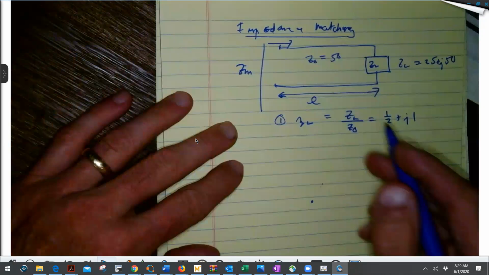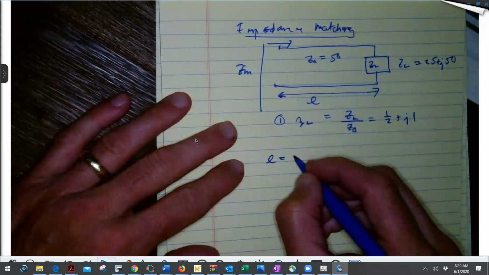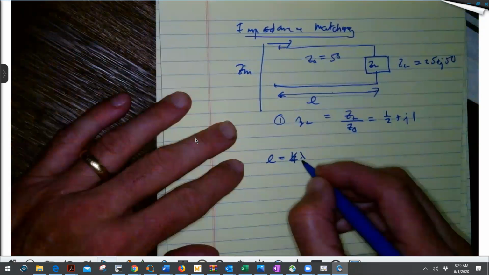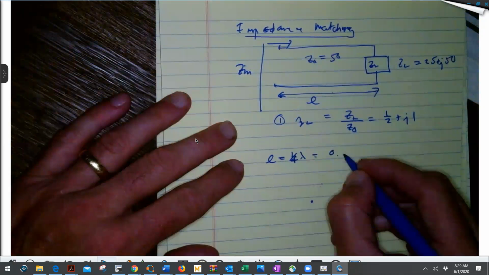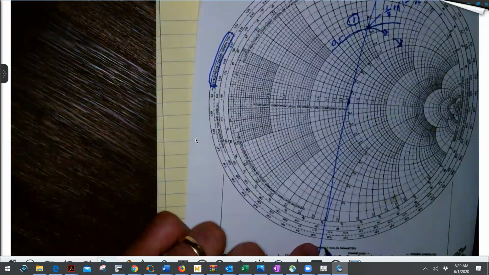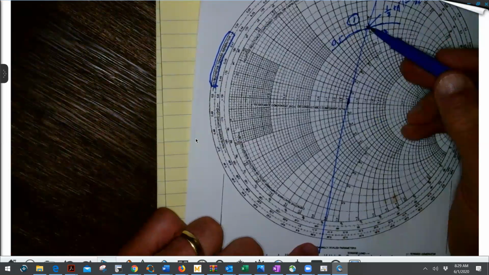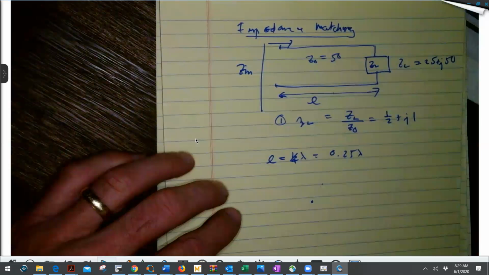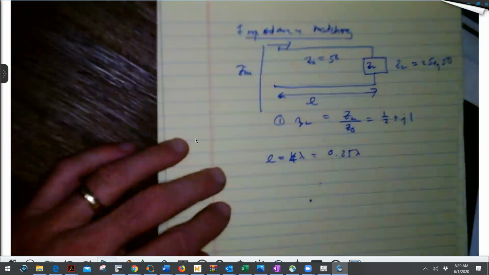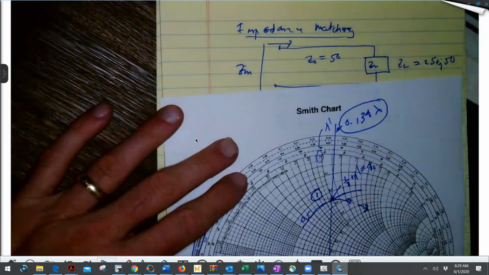If L here becomes a quarter wavelength, or 0.25 lambda, in order for me to find this point, I can draw a straight line right through there, and I know that's a quarter wavelength away. Or I can say, well, the mile marker here was 0.134.